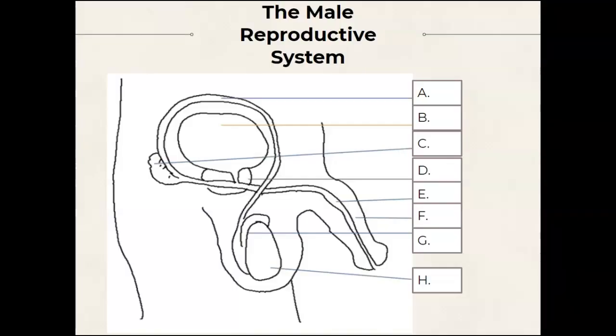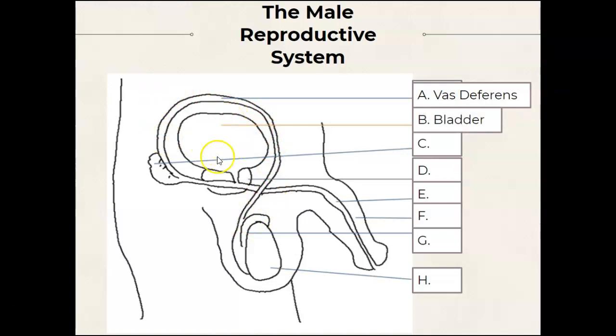Anyways, so let's talk about the male reproductive system. You should absolutely be able to draw and label the male and female, but we're talking about male right now. So let's start off. This is the vas deferens, this tube here, the bladder, which, yes, is pictured in this image, but we would also consider that part of the urinary system or excretory system.